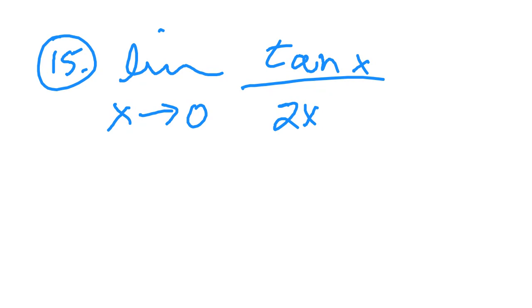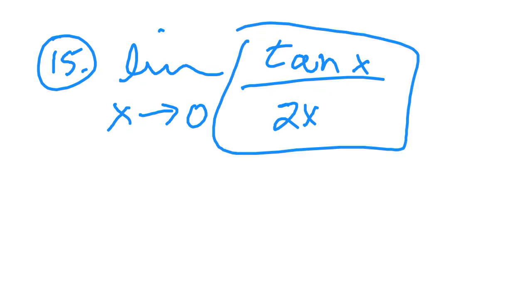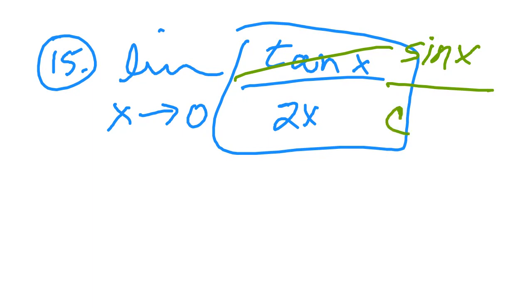So this doesn't look like either one of the theorems that I had. So what I really prefer to do is rewrite tangent differently. Let's rewrite tangent as sine of x divided by cosine of x. And of course, dividing by cosine of x, I can multiply by 1 over cosine x.